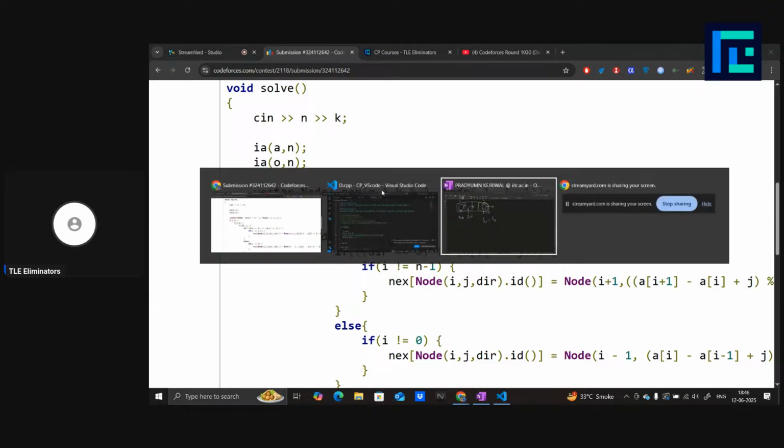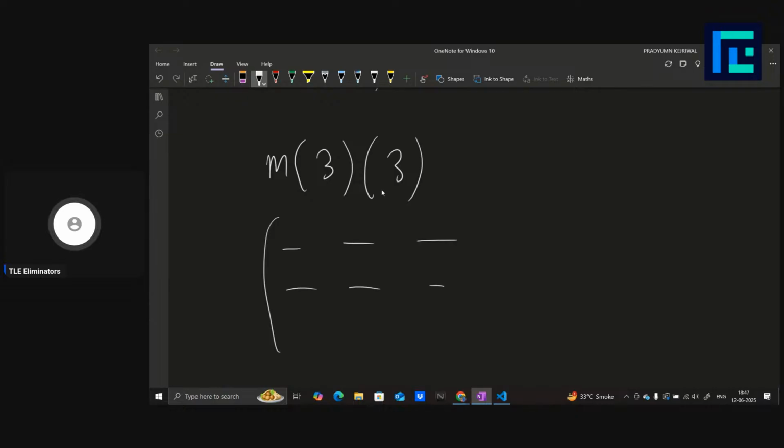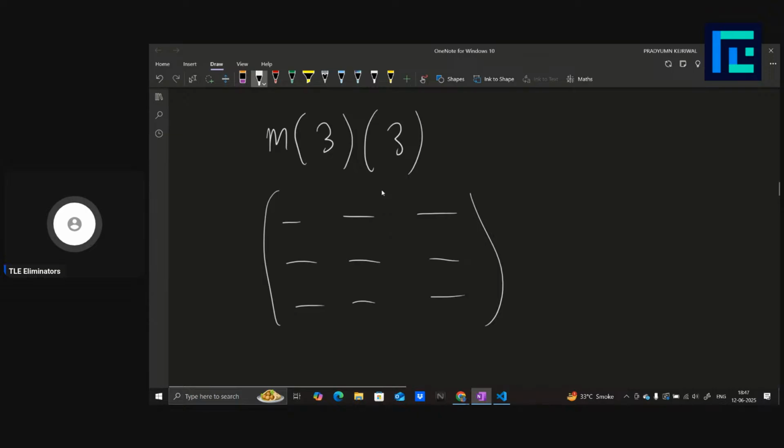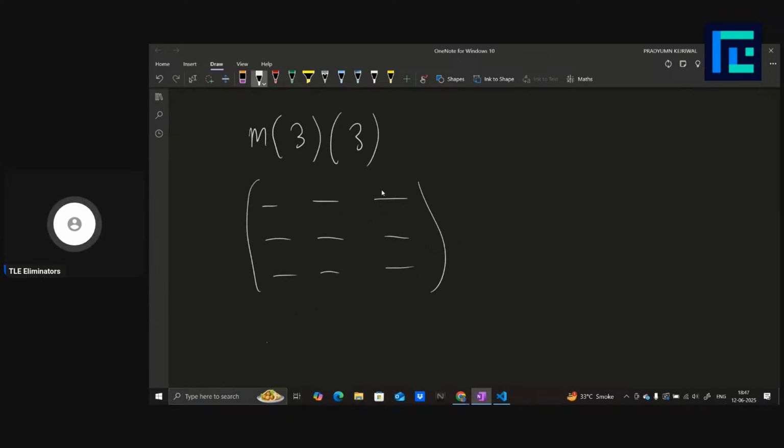So essentially, you can actually represent a 2D vector as a 1D vector. Let's say you have a 2D vector m of size 3 by 3. Then instead of storing the elements like this, you can just store 9 elements like this: 1, 2, 3, 4, 5, 6, 7, 8, 9, right?